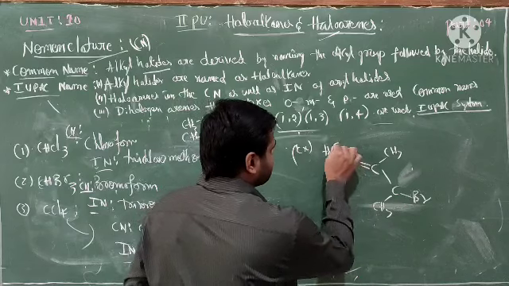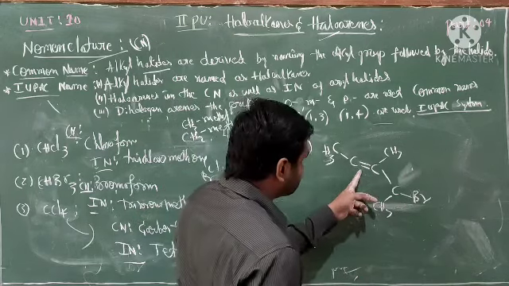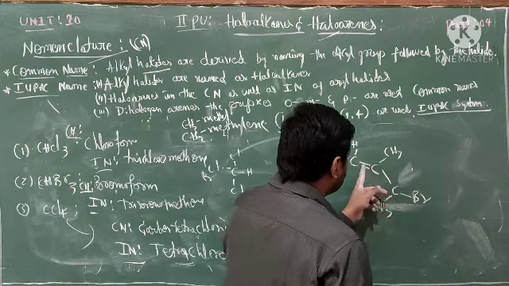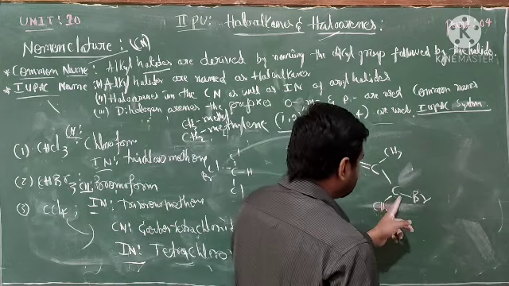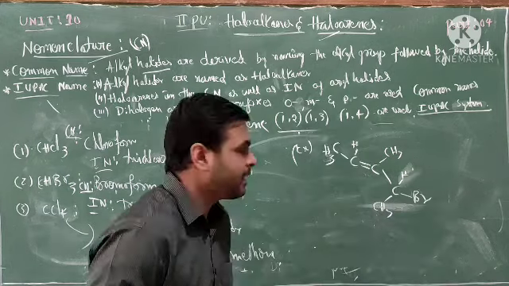So this carbon, having CH3, right? This is 1, 2, 3, and 1 more hydrogen is present. So here 1, 2, 3, 4. This carbon is 1, 2, 3, so here also 1 more hydrogen is taken.